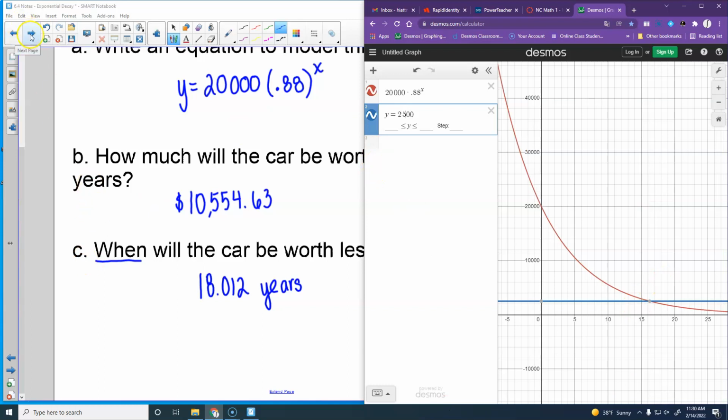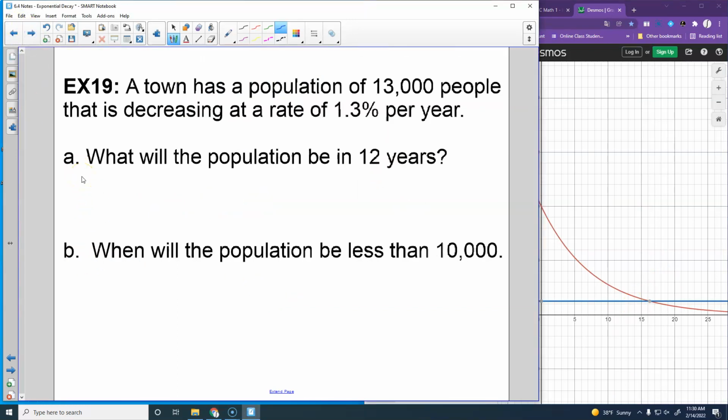All right, we're going to do this real quick. A town has a population of 13,000 people that is decreasing at a rate of 1.3% per year. What will the population be in 12 years? So our equation is going to be 13,000 times... What are we going to use as our rate?